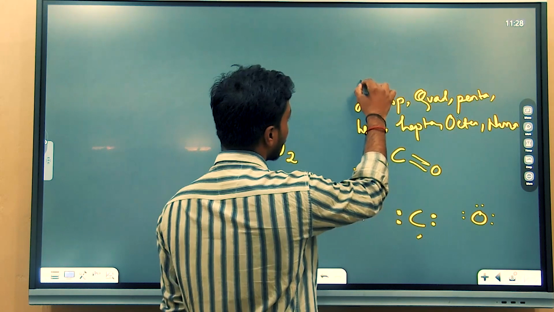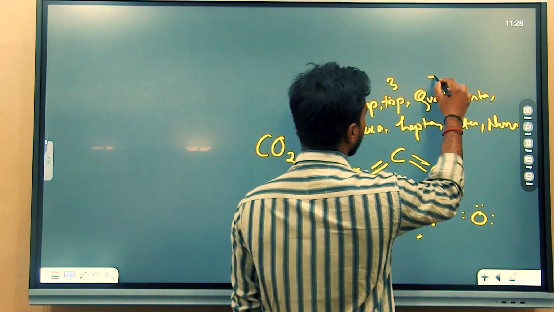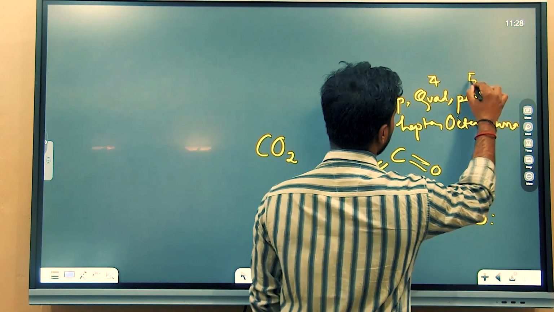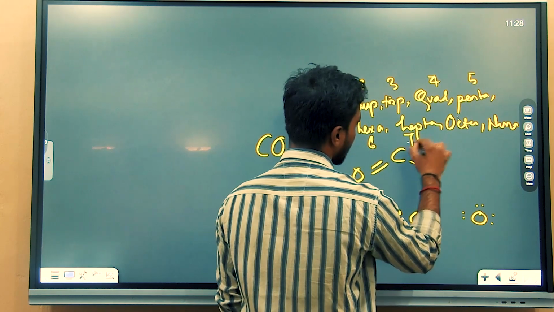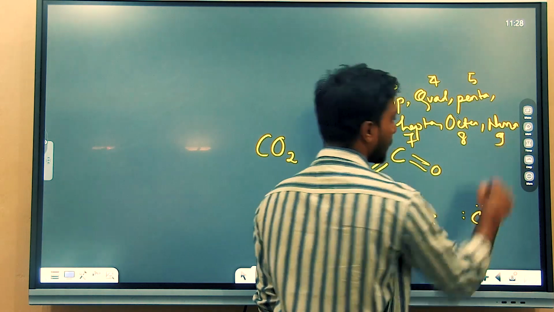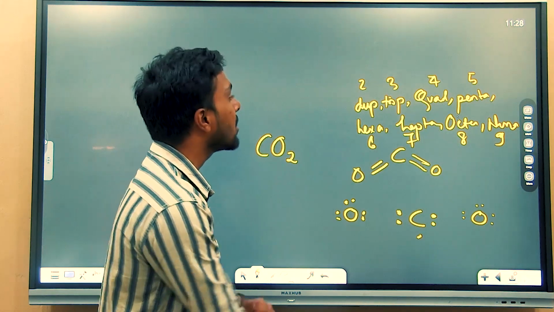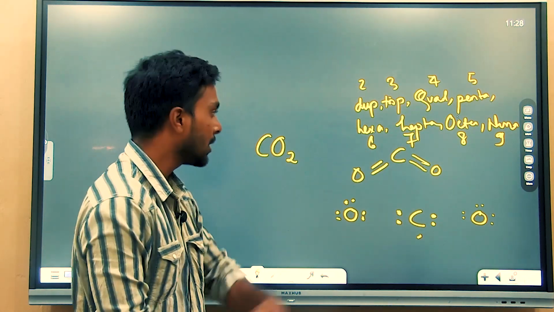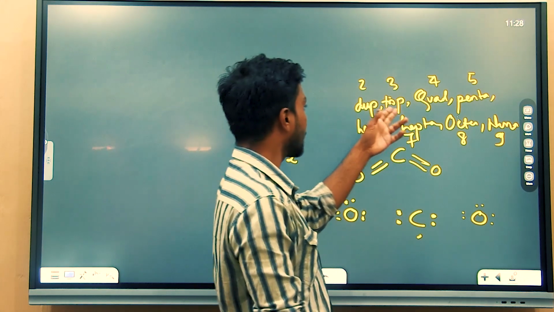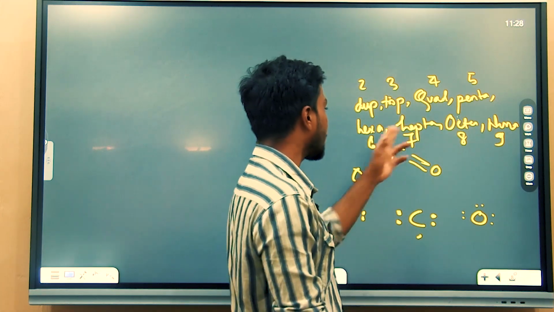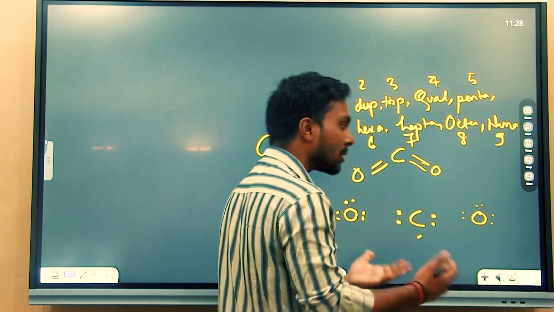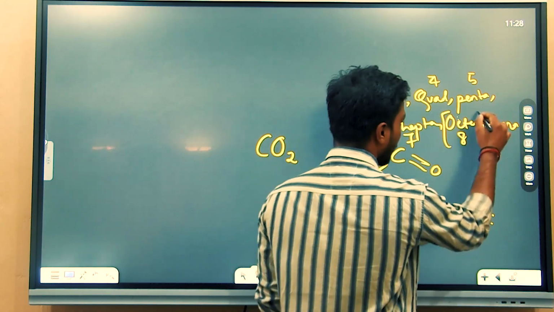This is 2, 3, 4, 5, 6, 7, 8, 9. This is the naming we use in chemistry for the bonds, like duplet, triplet, quadruple, penta, hexa, hepta, octa, nona.